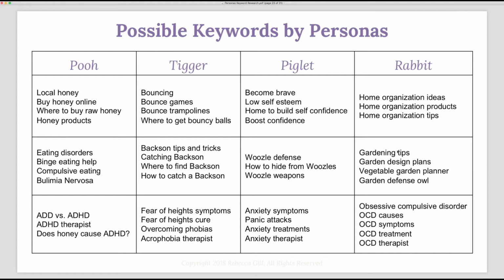And the same goes for the rest of the characters, right? So let's take Rabbit, who's me. Home organization ideas, products, tips, all things that he would be interested in. Gardening as well, vegetable garden planner, garden defense owl, right? Because he's trying to keep Tigger out. I know that there's storylines where Rabbit builds scarecrows to try to keep Tigger out, and it doesn't really work half the time.